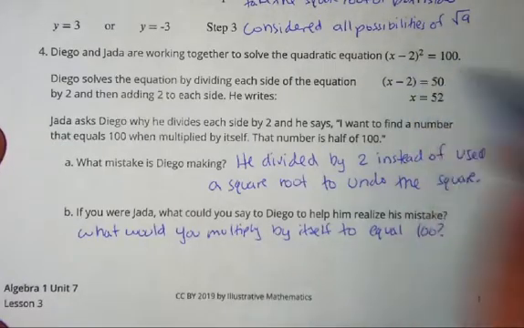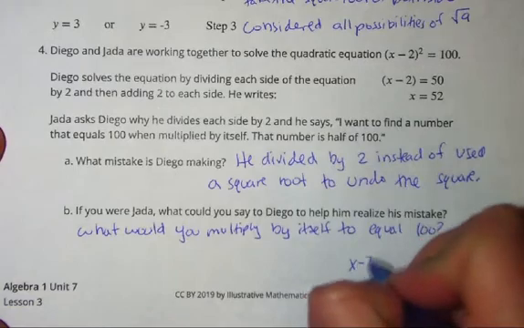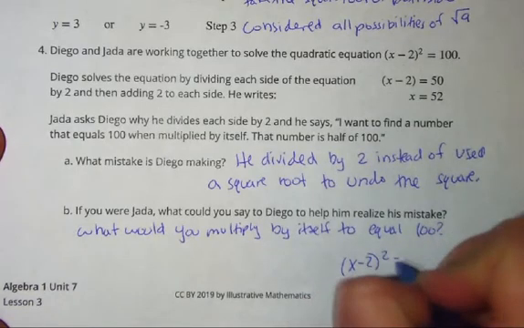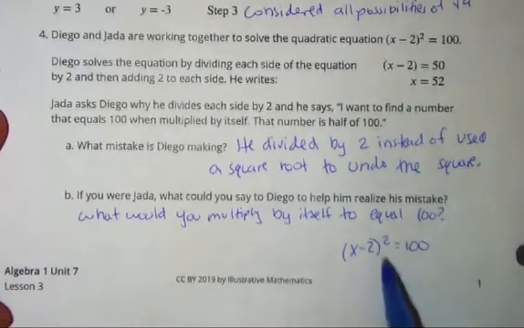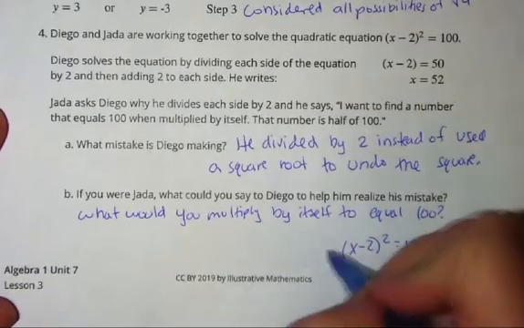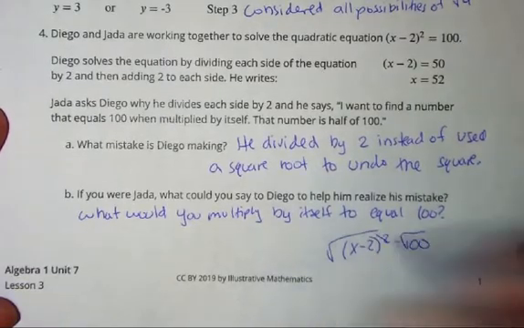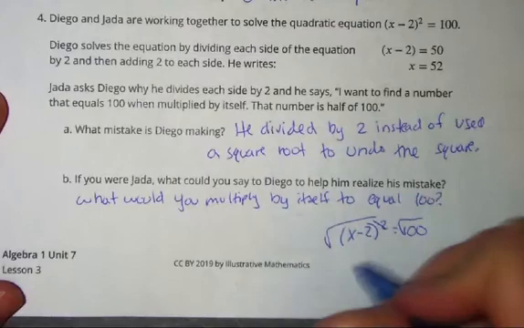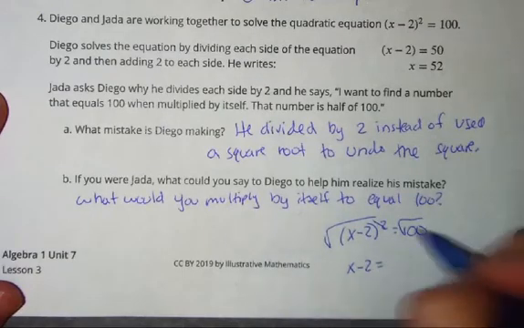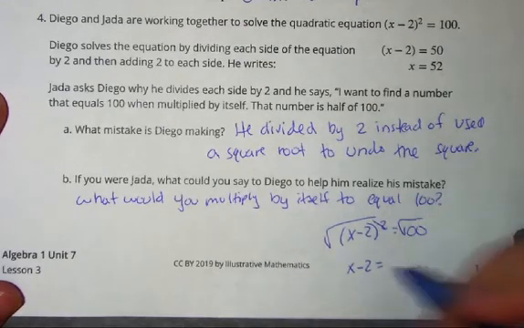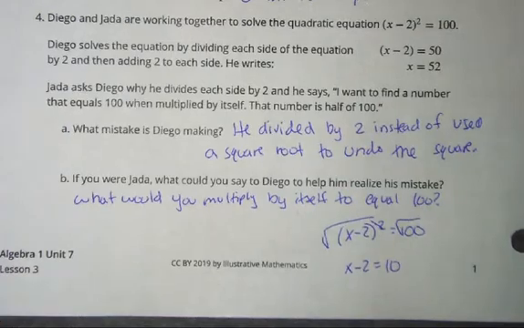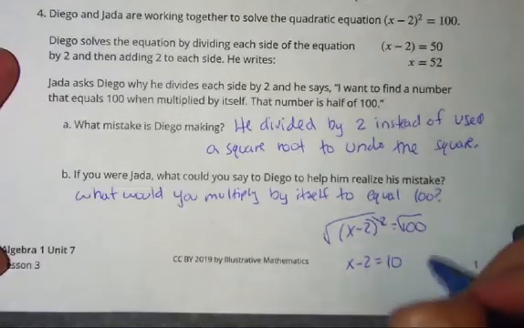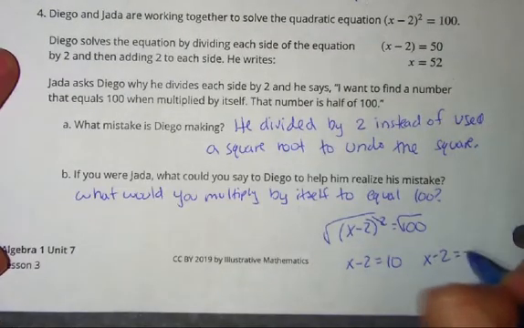So if we were to solve this, we would say x minus 2 squared equals 100. The squared part is already all by itself, so we would take the square root of both sides. So that goes away. So we'd have x minus 2 equals, now the square root of 100 we said is 10, because 10 times 10 is 100, and it is negative 10.